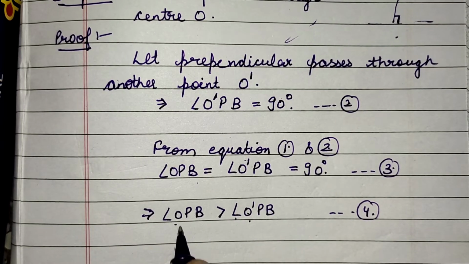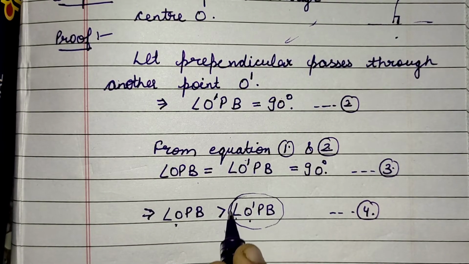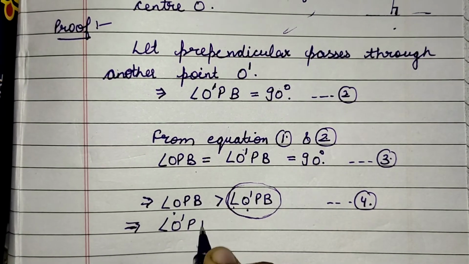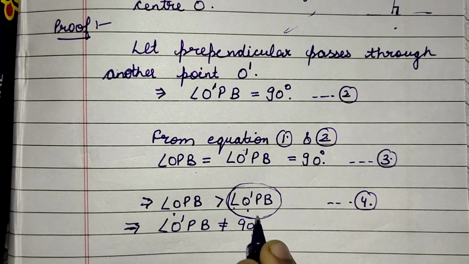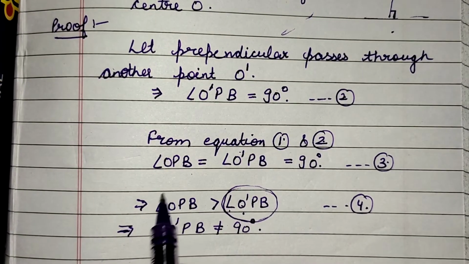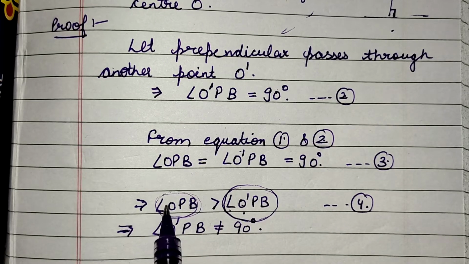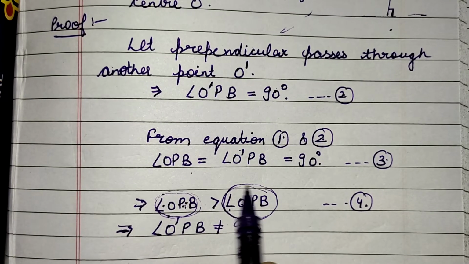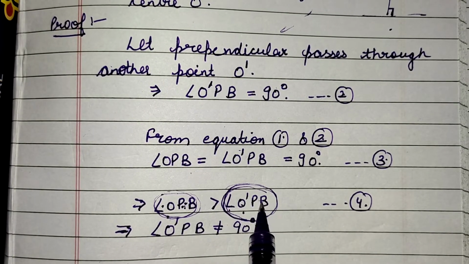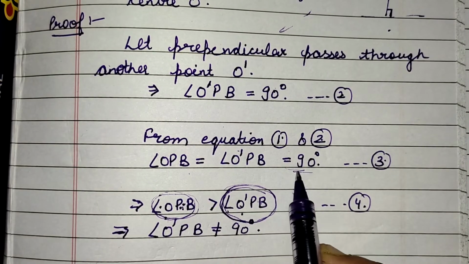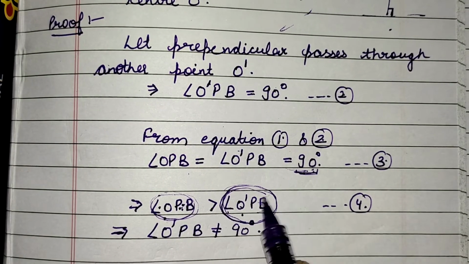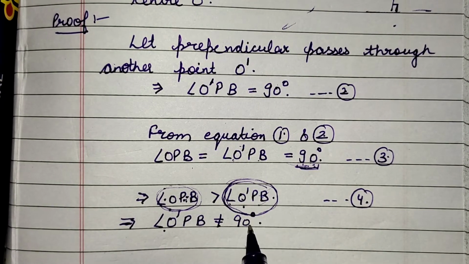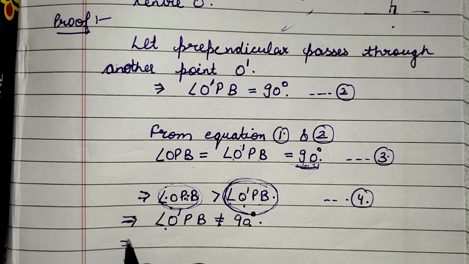If this is greater, so that means this angle cannot be equal to 90 degrees, because it is given to us that this angle is 90. If this is less, then this angle will be less than 90, but we have proved that this angle is 90. So both the results are contradicting each other. That means angle O dash PB cannot be equal to 90 degrees.